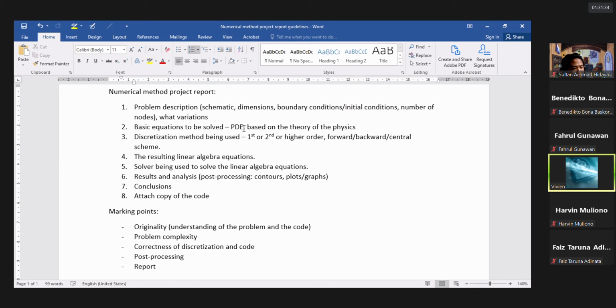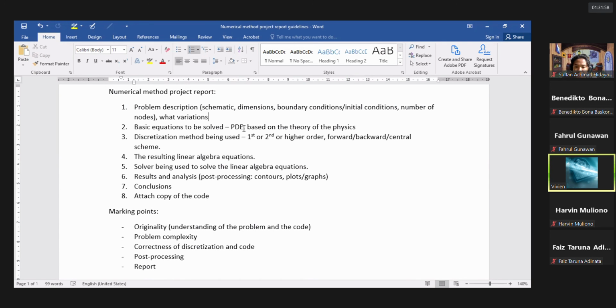Write down in the report the problem description, the schematic, what is going to be analyzed, the dimension, the shape, and also the boundary conditions or the initial condition that need to be provided, the number of nodes, for example, and what variations you use.